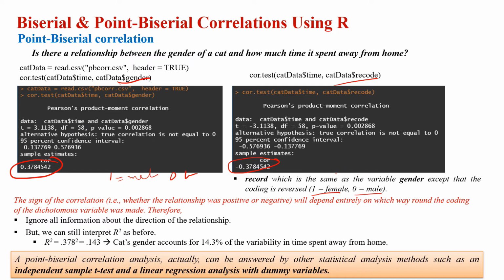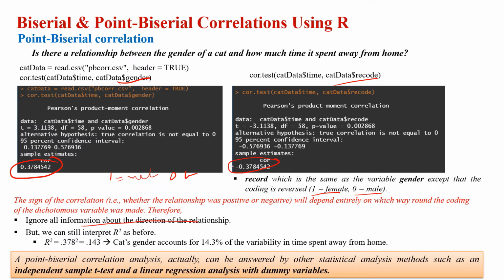If you remember, when we talked about the Pearson correlation coefficient, we said the correlation coefficient tells us about the direction and the strength of the relationship between the two variables. Whereas when we are talking about the point biserial, we should ignore the direction of the relationship, because it all depends on the coding of the dichotomous variable, whether 1 is representing male or 0 is representing male.